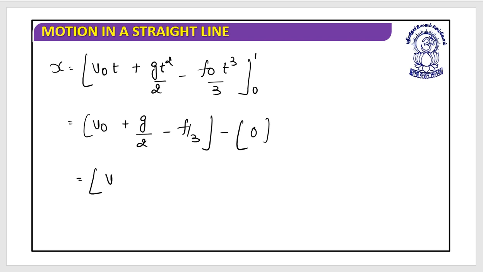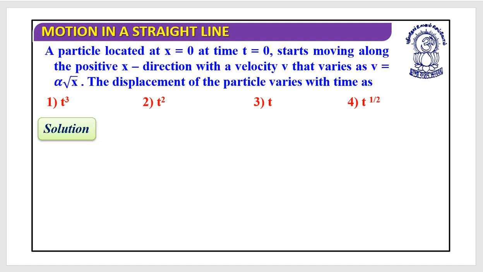So the final answer would be v0 + g/2 − f/3. Displacement, this is in meters, and this would be your answer. What was your answer? Is it the same? Great. So I hope these things are clear to you and you are ready for the next question.